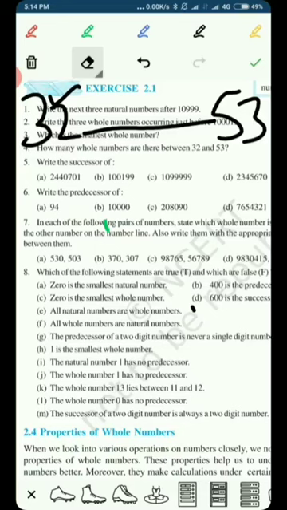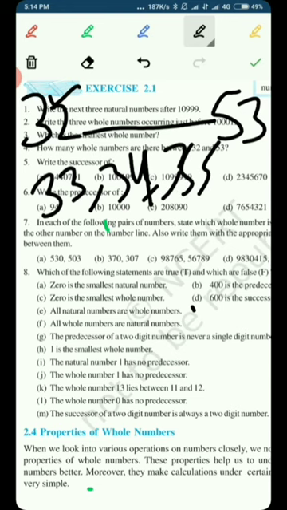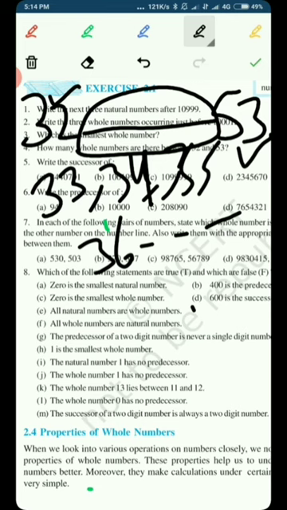First of all, you can calculate it on your own also. Like you can say that starting from 32, we will see 33, 34, 35, 36 and so on. We will count the numbers, but one easiest way to do this is: whatever two numbers they are giving us, we have to find the numbers in between, like the number of whole numbers between 32 and 53.